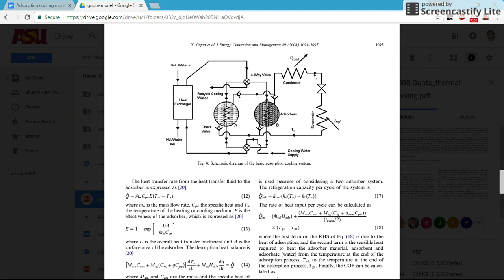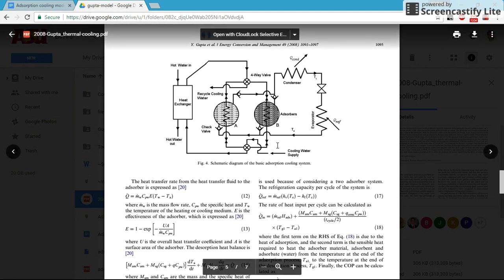So when you're heating the bed externally, you're driving off refrigerant from the adsorbent material, and it's escaping through these check valves. Not all systems use check valves, but it emphasizes that the flow is in this direction for cooling.